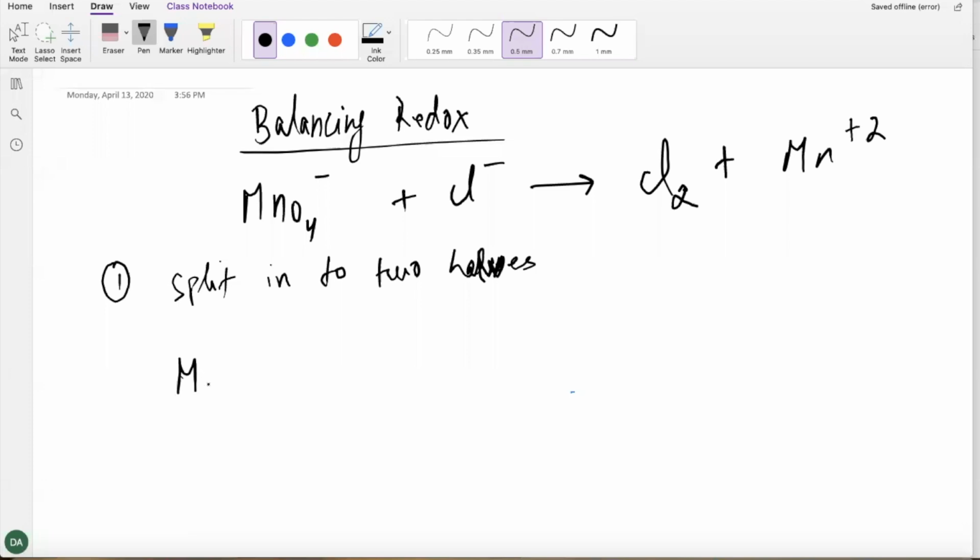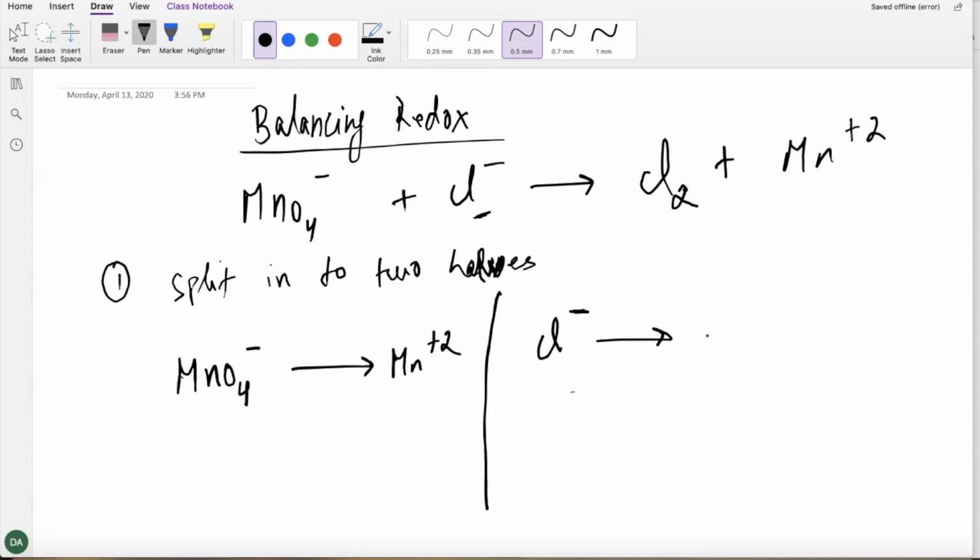You see MnO4 on the left-hand side, what did it become, guys, on the right-hand side? Look for the common ion or common atom that you see on the right-hand side. Mn+2. It became Mn+2. Okay, that's our first half. And our second half is Cl negative, so I'm picking the Cl negative.